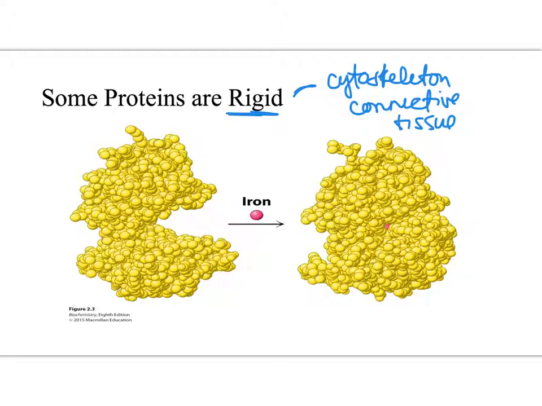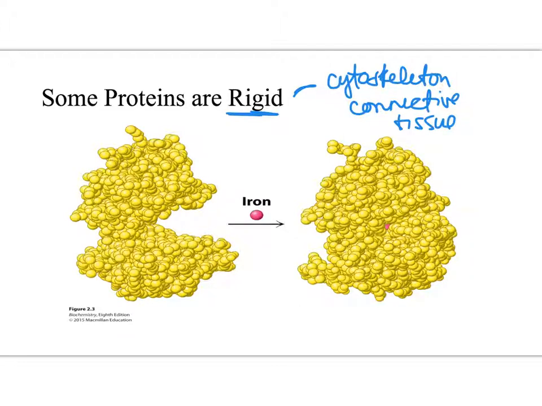But we also have some proteins that have a little bit of flexibility, and because of the flexibility, they're going to act as maybe hinges or springs. A lot of times when we're talking about proteins, and we'll see when we talk about protein regulation, proteins actually have different conformational states, or they undergo conformational changes when something binds to them. And this is a common means of protein regulation.